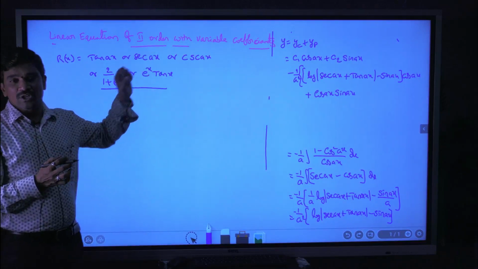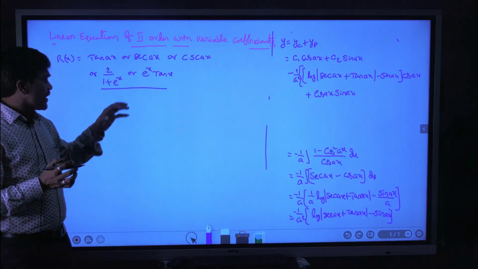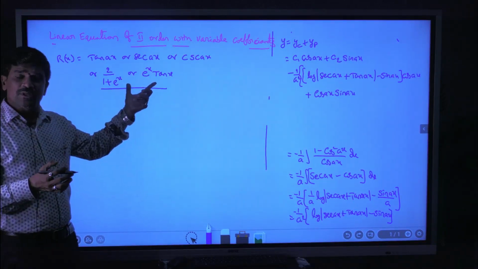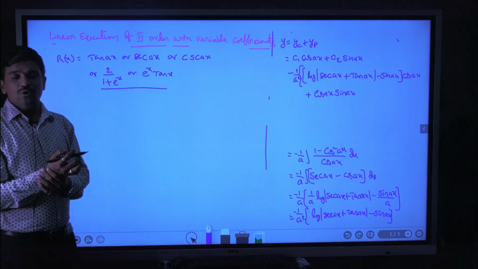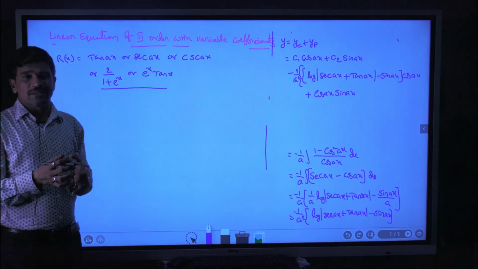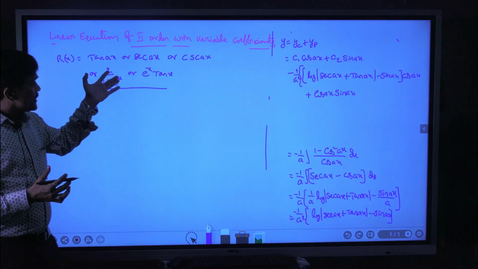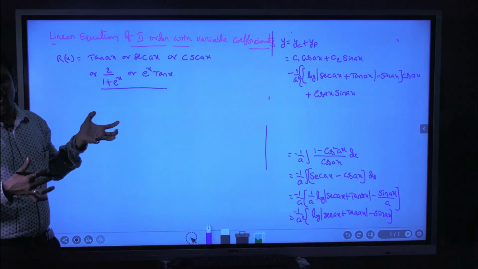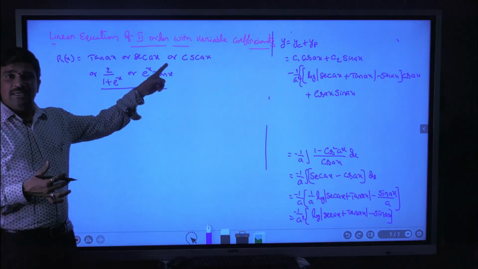We can also find these problems by the general method. So next class we will discuss what the general method is and how to solve these types of functions using the general method.